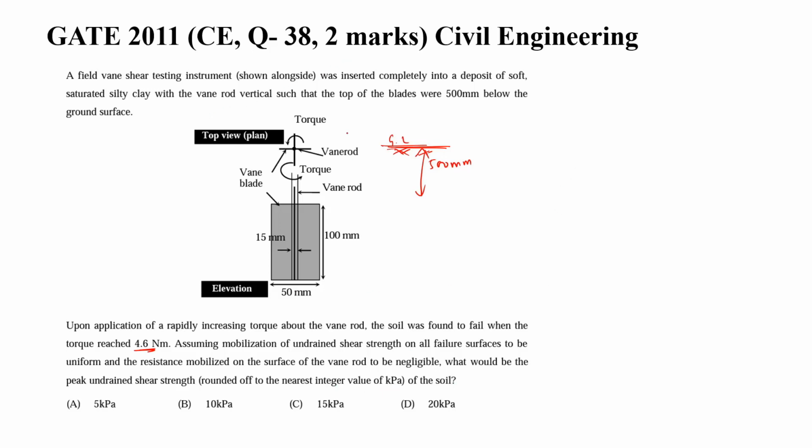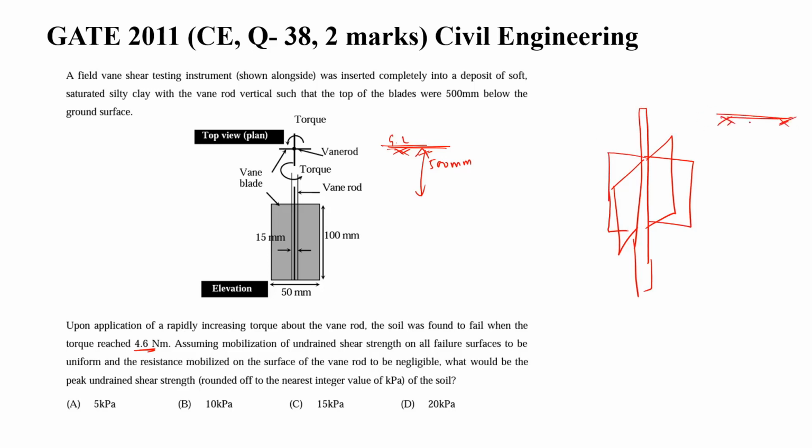First of all, what is a vane shear testing instrument? A vane shear testing machine has one rod and four blades, like this. You insert this total assembly into the soil. From the front, you can see only two blades.